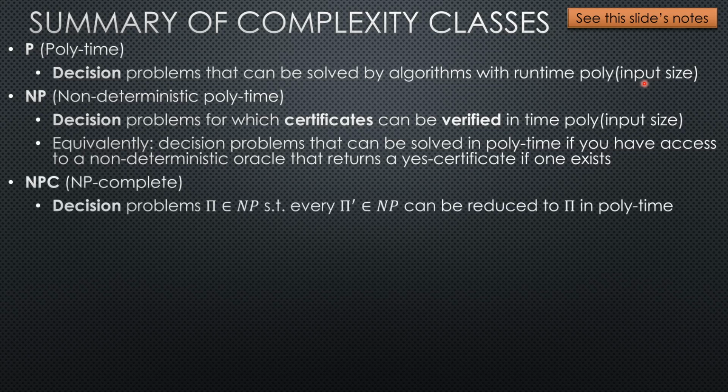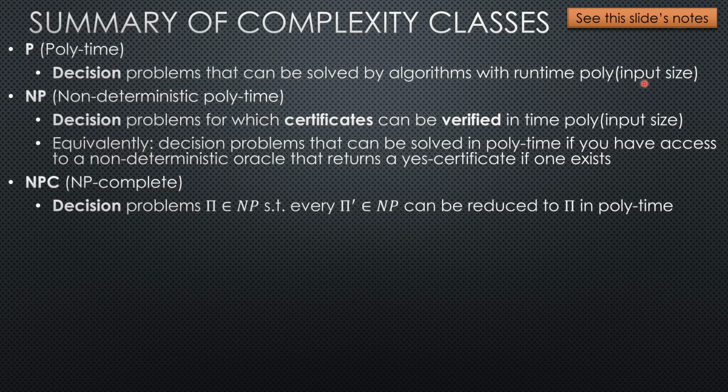They're the decision problems pi that are in NP. This only contains a subset of problems that are in NP, such that every other problem in NP can be reduced to pi, and that reduction happens in polytime.